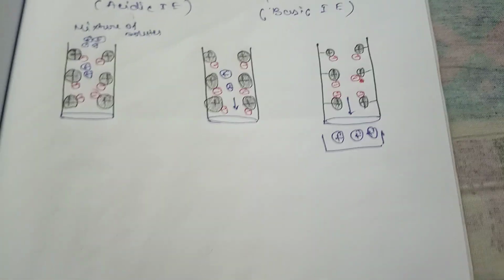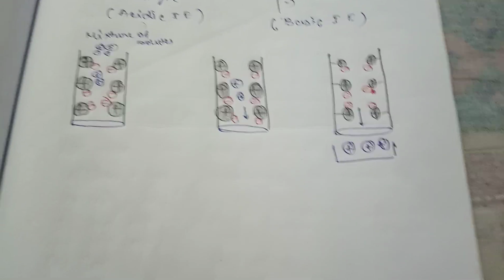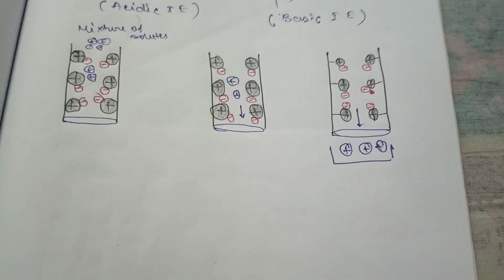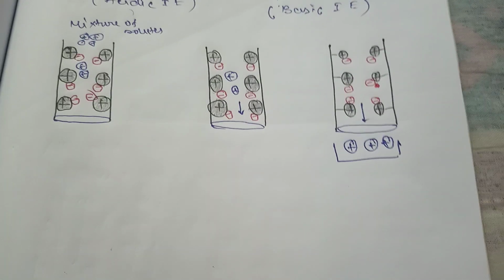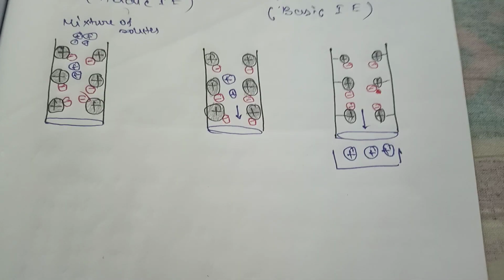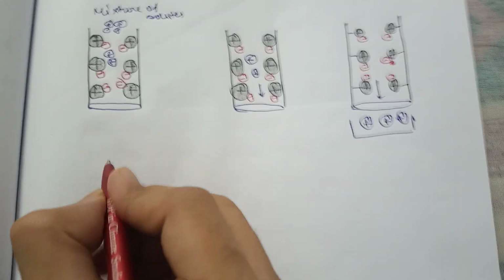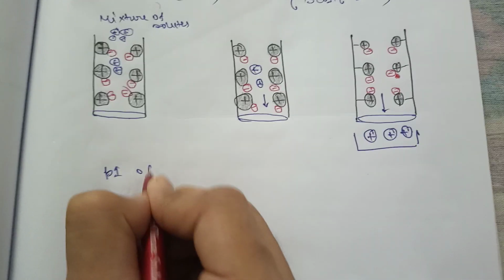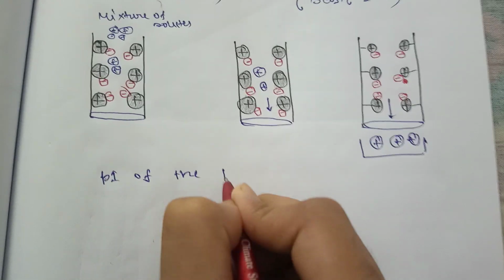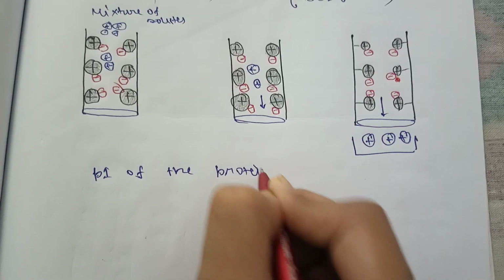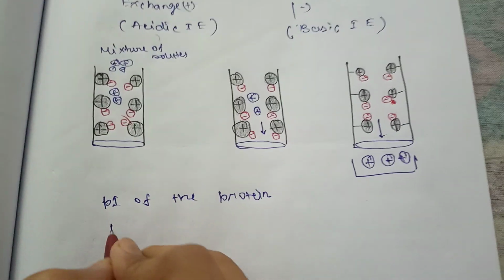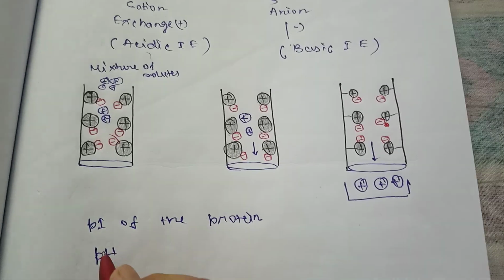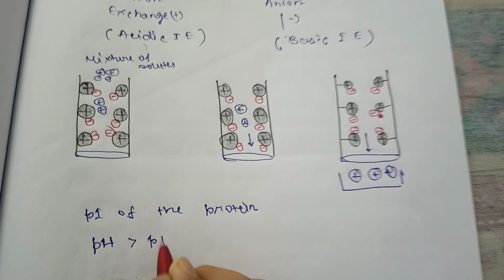Now this is a general idea about the ions, but what about the proteins? What type of exchanger will you use for the purification of a protein? That depends on the pI of the protein. Let's say the pH of the solute is greater than pI.